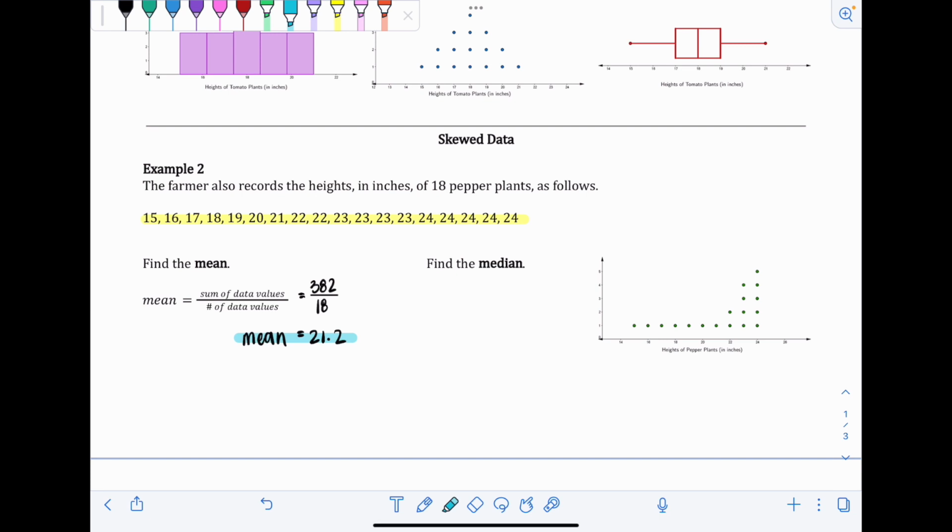And then if we want to find the median, we need to make sure that the numbers are listed from least to greatest, and then we'll go down and find the middle of the data set. It's already listed from least to greatest, so I'm going to treat it the same way as I did before, where I mark one number on each side until I get to the middle.